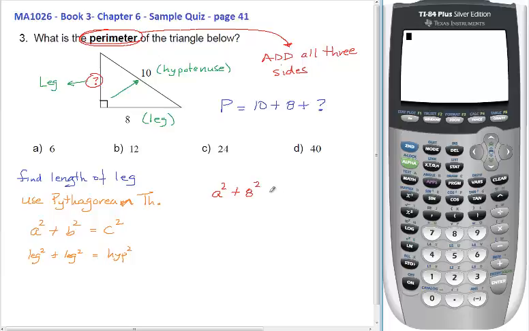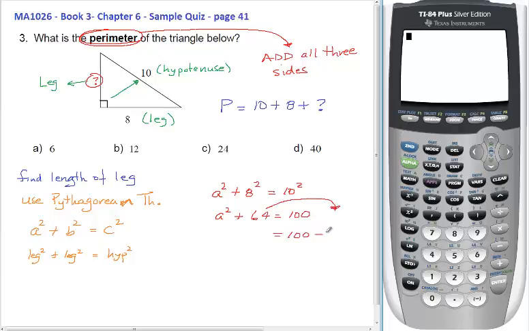Now some of you may know the answer already, because this is a very common Pythagorean triple. Pythagorean triples are 3 numbers that fit into the Pythagorean theorem. You probably know the answer already. 8 squared is 64, 10 squared is 100. So when you find a leg, you've got to subtract the larger number.